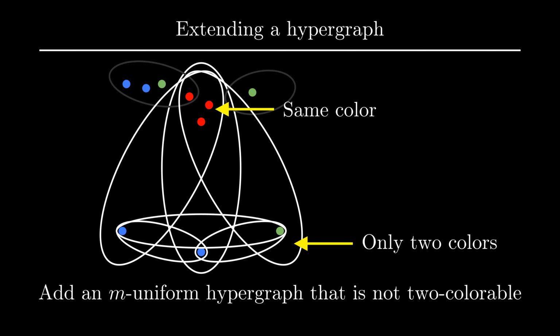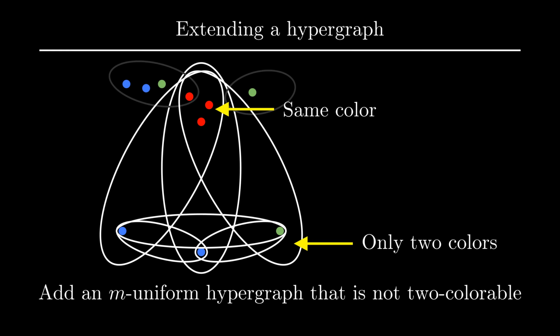So using these extension steps, we can extend our hypergraph until we reach a hypergraph that is M-uniform and not three-colorable. In each step, we replace our edge with some bigger edges, and we also add some M-uniform hypergraph.